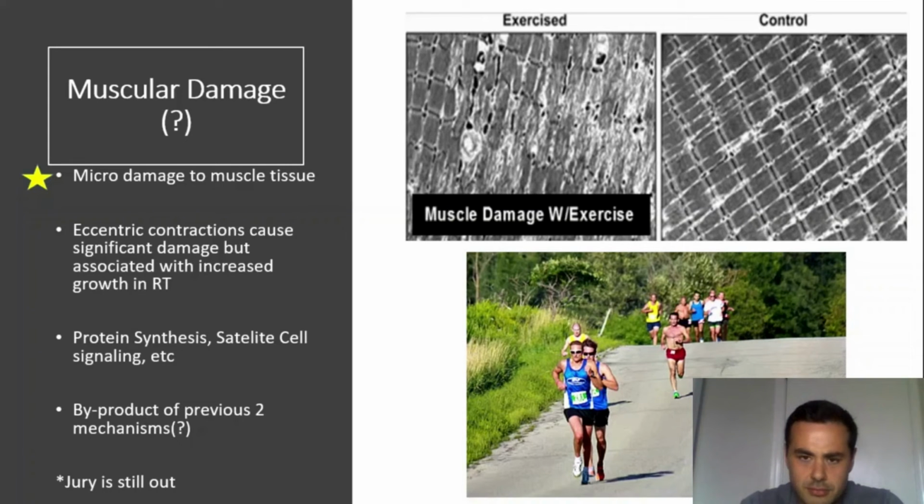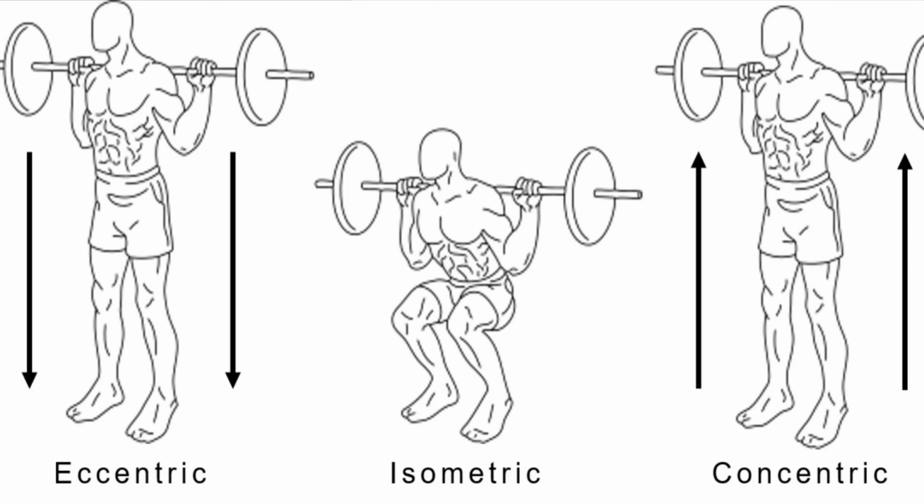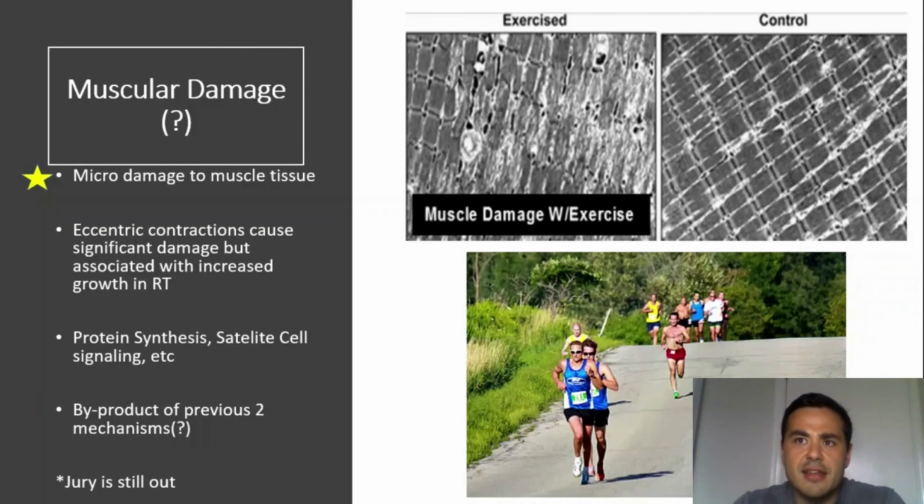And again, eccentric contraction, think about the lengthening portion. So you're going with the resistance versus against it. So this would be on the lowering of a squat or the lowering of the bench press. If you have something that has a large emphasis on the eccentric portion of the lift, chances are you're going to be pretty sore.